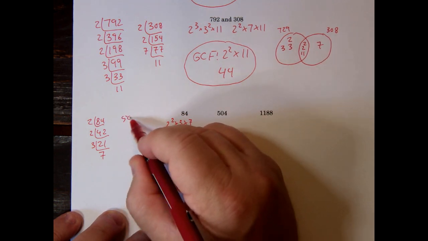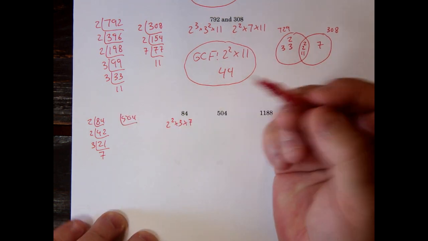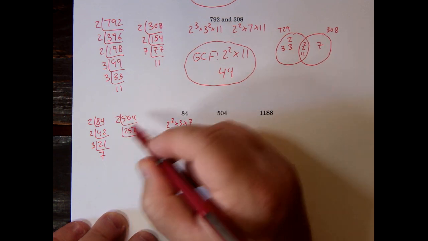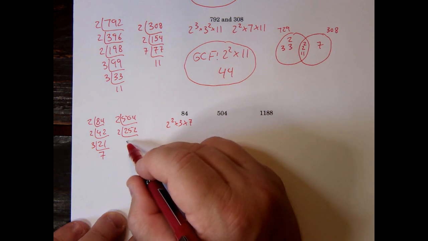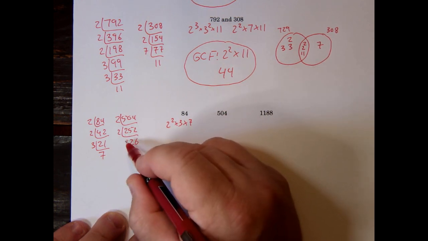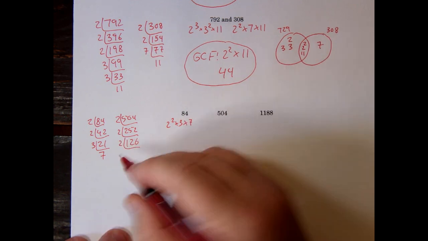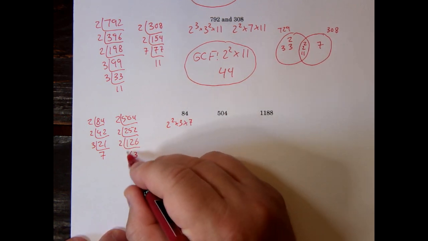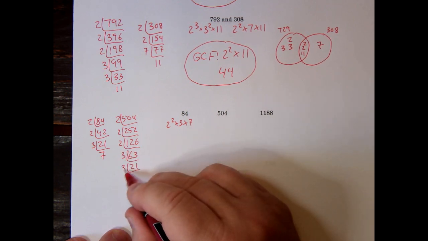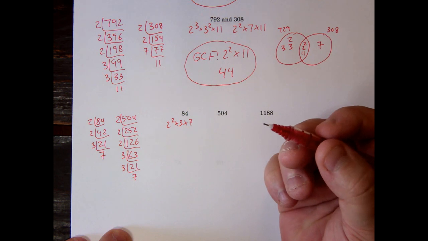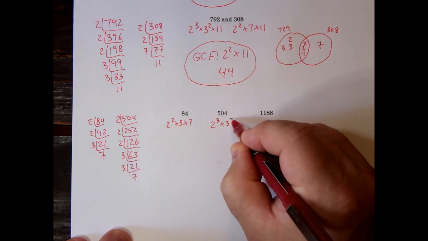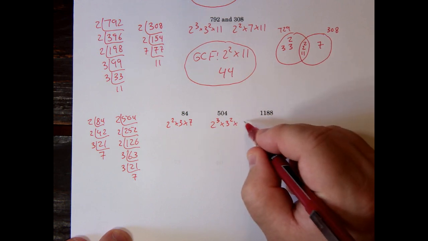Now 504. 2 leaves 252. 2 leaves 126. 2 goes into that even number 63 times. 3 goes 21. 3 goes 7. So it looks like 2 to the third, 3 squared, and 7.